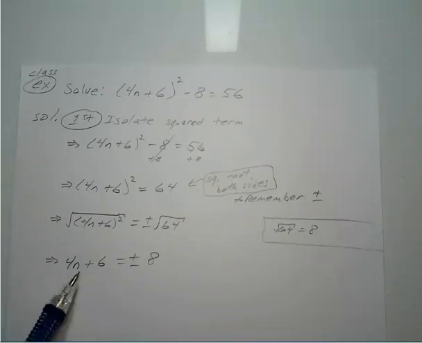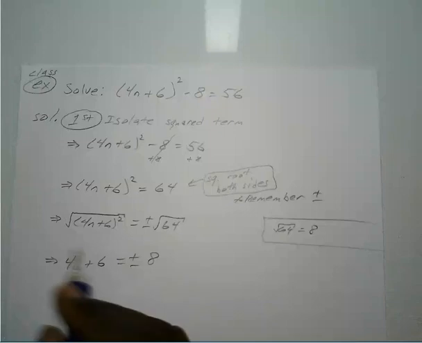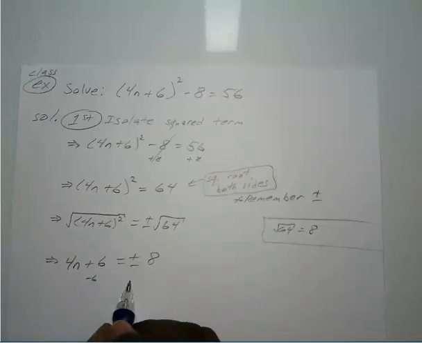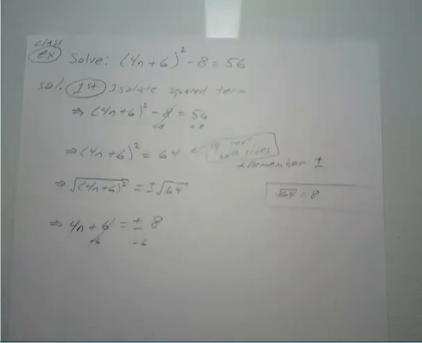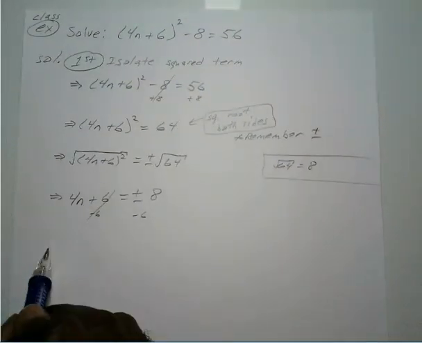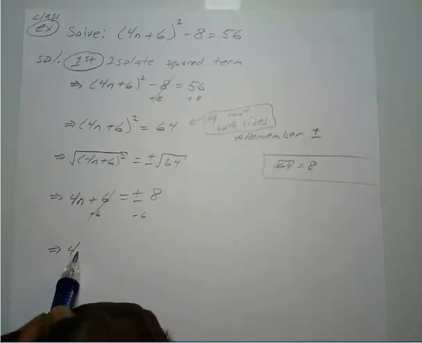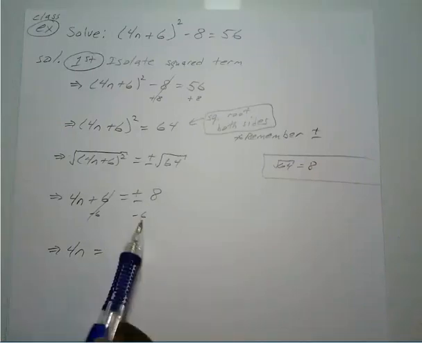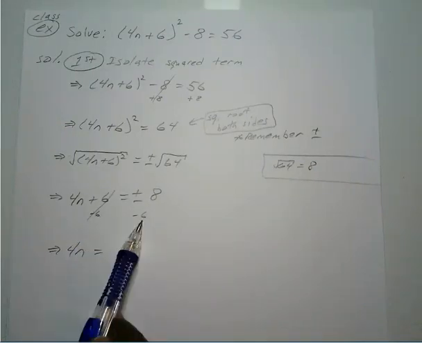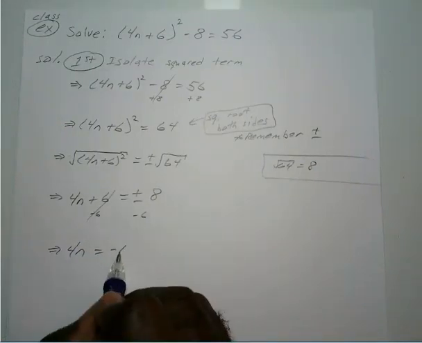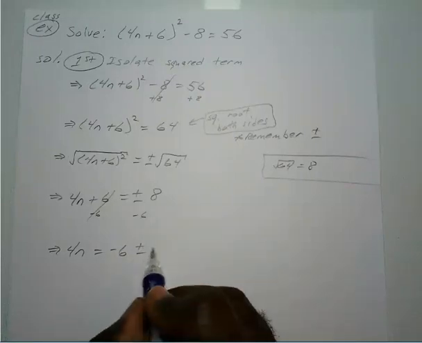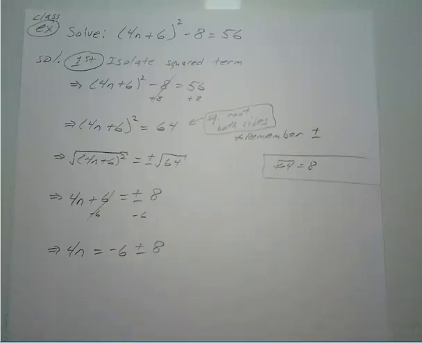Okay, so now that we have our square canceled out and it's nice and simplified, we can go ahead and solve for our n. So we go ahead and subtract 6 from both sides where those two cancel out. So that leaves us with 4n equals, again, we put the value that we moved over first, so negative 6 plus or minus 8.